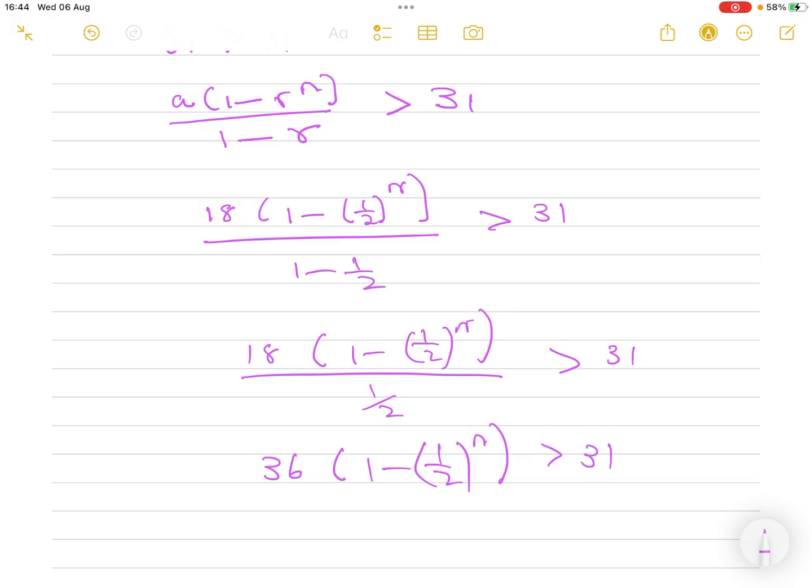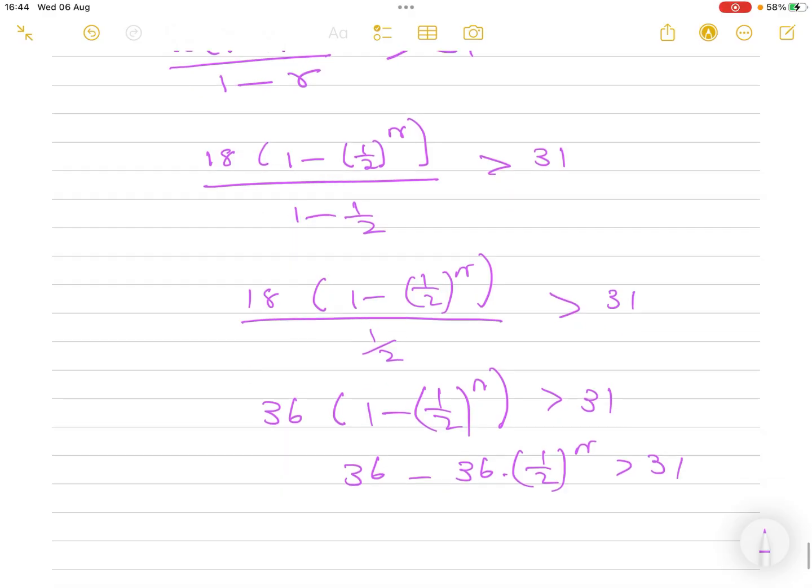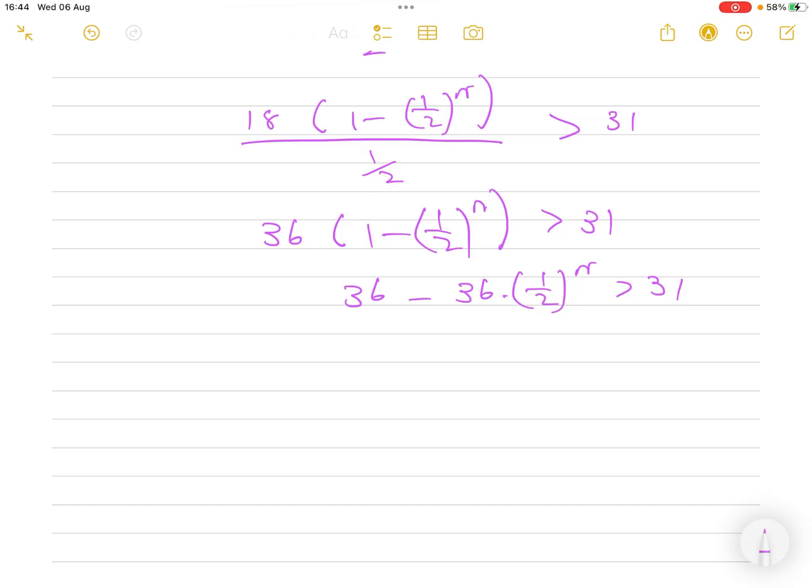One can just divide by 36 both sides, but let me not do so. 36 times this will be 36 minus 36 times half to the power of n greater than 31. Moving this to the other side, 36 minus 31 is equal to 36 times half to the power of n.